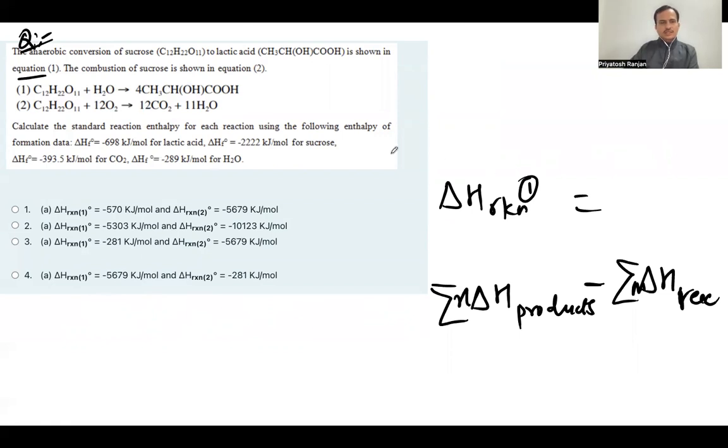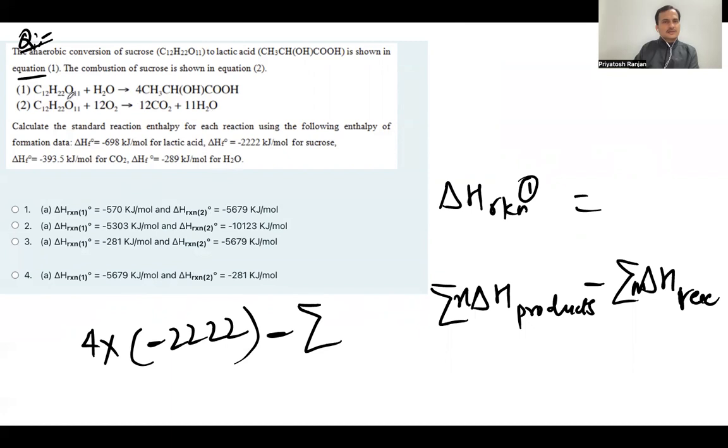Now what I need to do is, for the products, 4 times the enthalpy of formation of lactic acid, which is minus 2,222. That's fine, that is for the products, and then minus the summation of reactants, C12H22O11, sucrose.